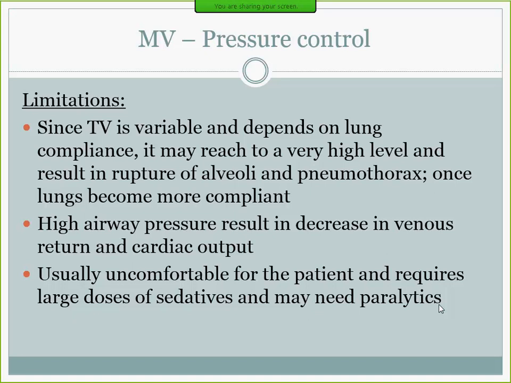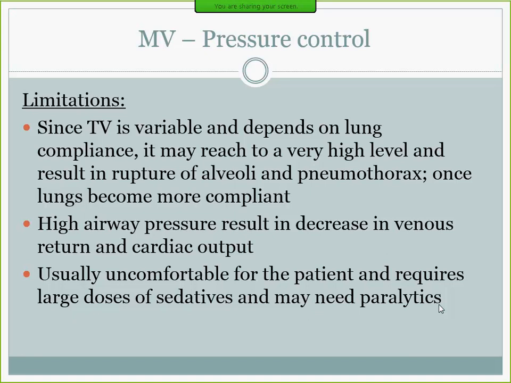That's why we like volume control, because we have full control over minute ventilation, and there is a safety mechanism. High airway pressure results in a decrease in venous return and cardiac output. So if you use pressure control mode, you are always going to use a high pressure, and that is going to reduce the venous return, and it may affect the cardiac output if the patient becomes hypovolemic.